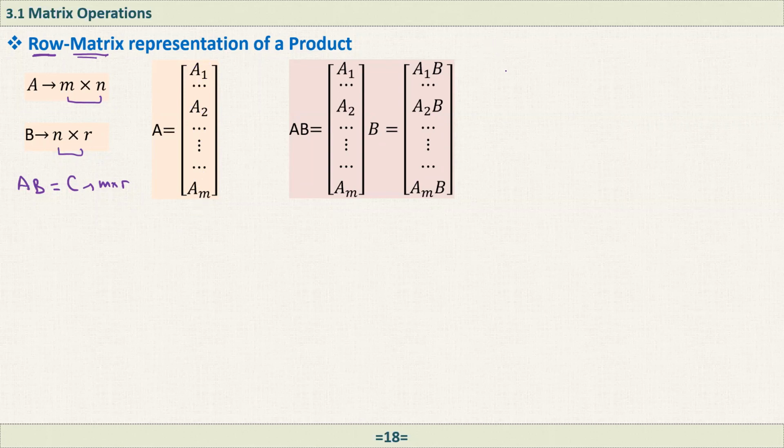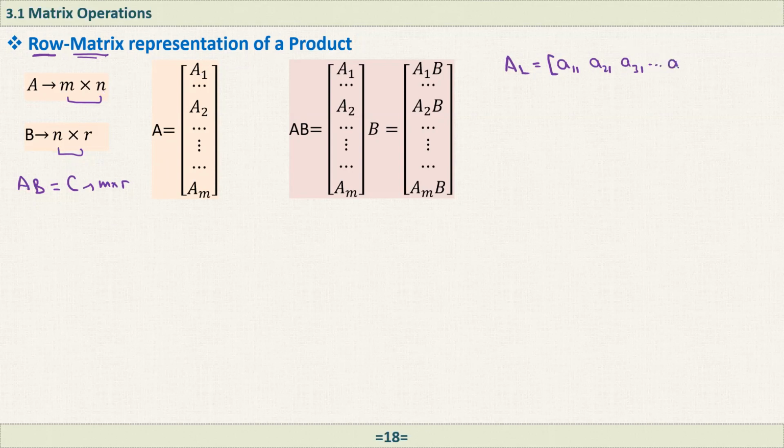For example, A1 is the first row of matrix A. It has N columns.